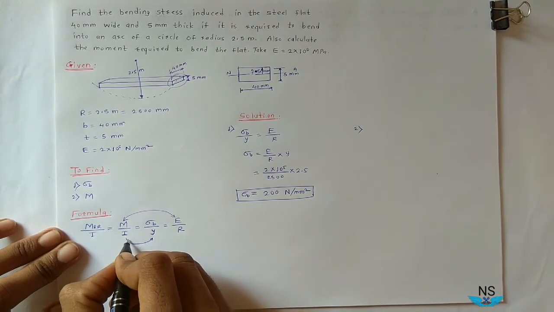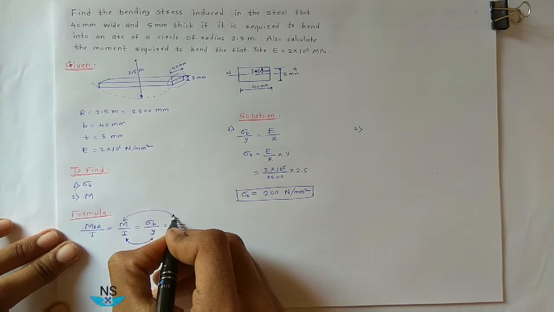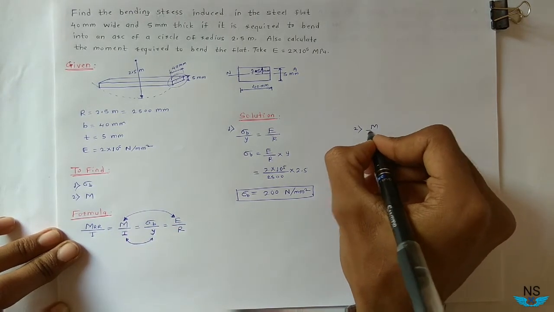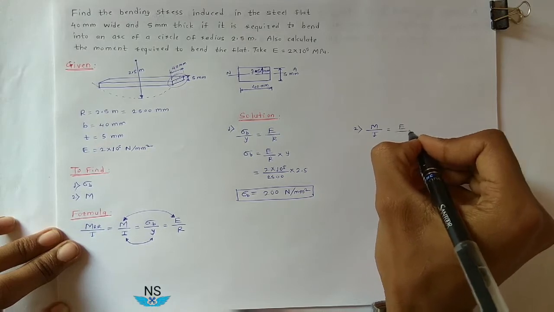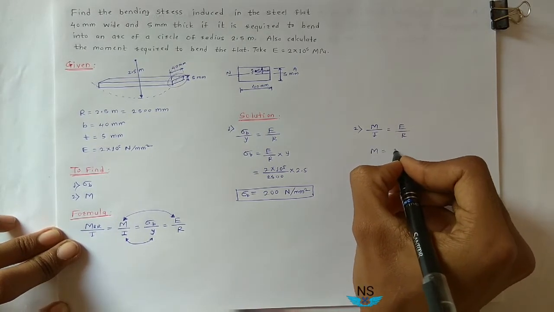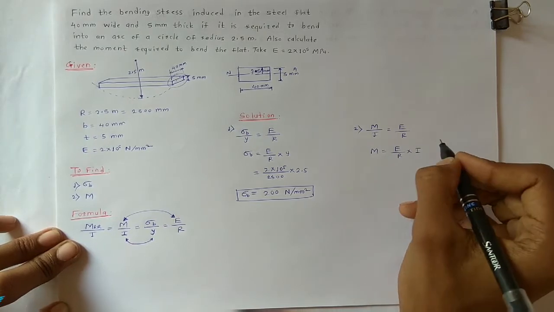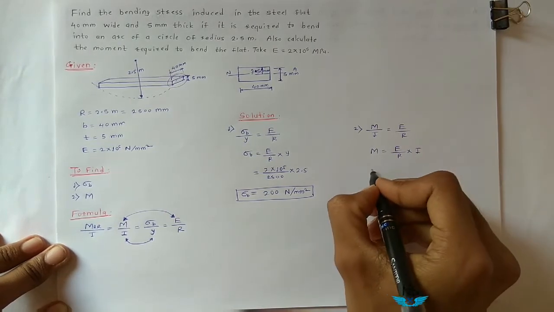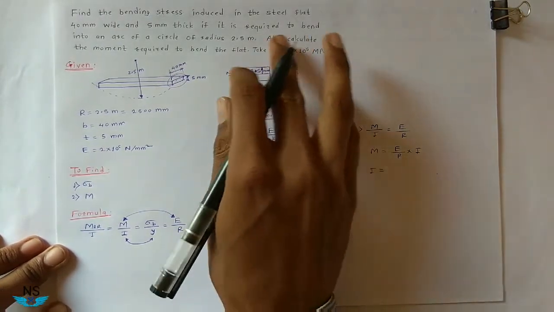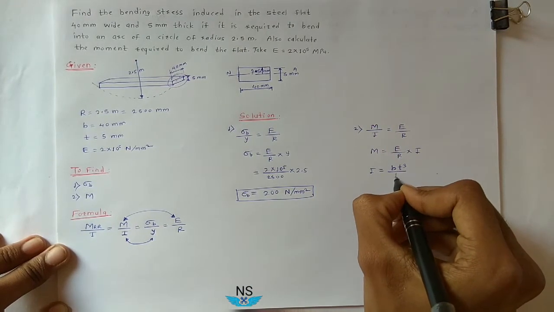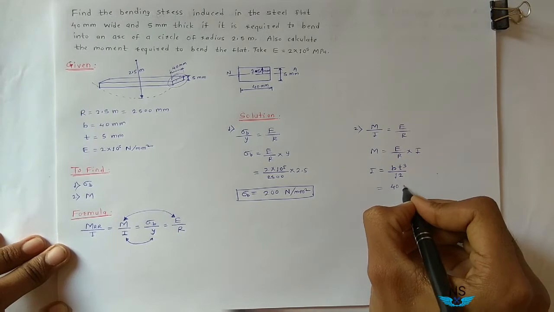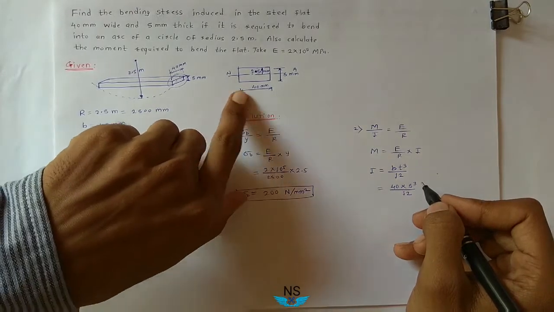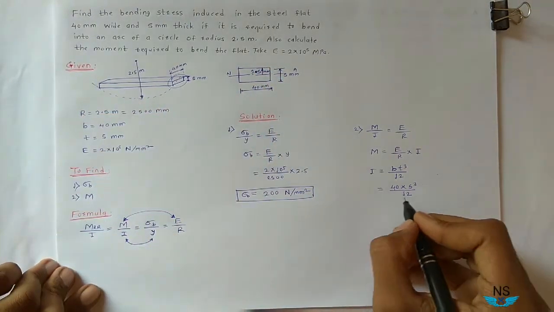You can calculate using this relation: M by I is equal to E by R, so M is equal to E by R into I. E is known, R is known, only I has to be found. For this rectangular section, I is equal to B T cube by 12, that is 40 into 5 cube divided by 12.